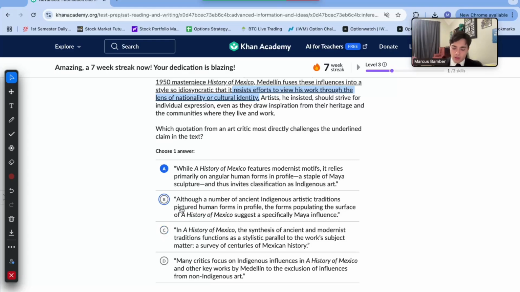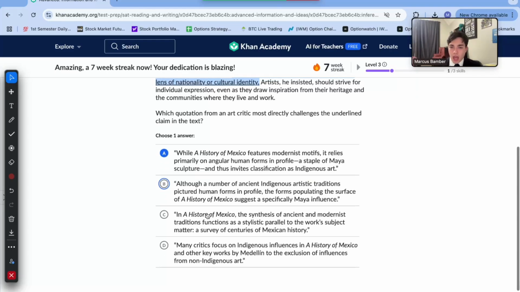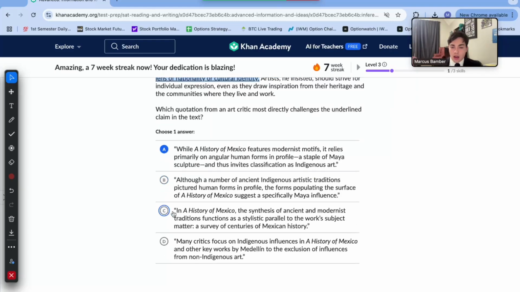Let's just review the rest of these really quickly. The number of ancient indigenous traditions pictured on the form, pictured human forms and profile. The forms populating the surface of a history of Mexico suggests specifically Mayan influence. This talks about influence. It doesn't go as far to say classification. So it's not as correct as answer choice A. A synthesis of ancient and modernist traditions functions as a stylistic parallel to the work's subject matter.